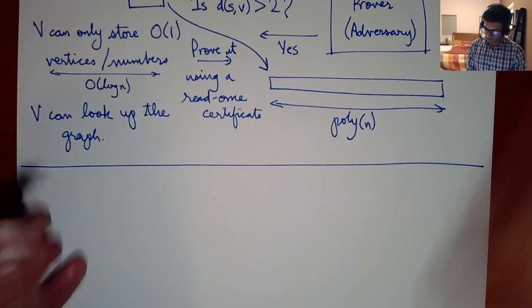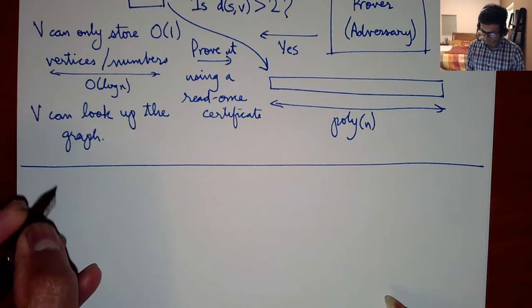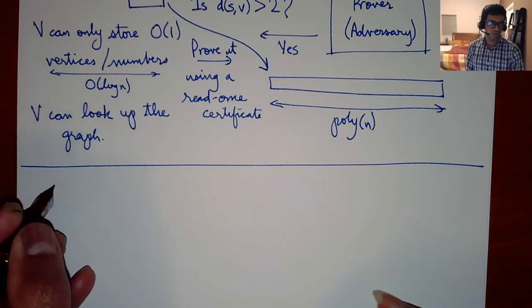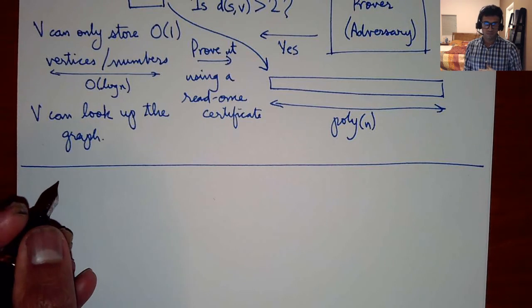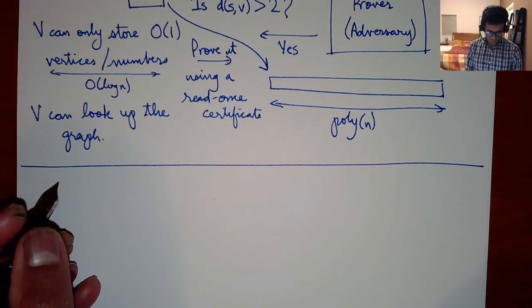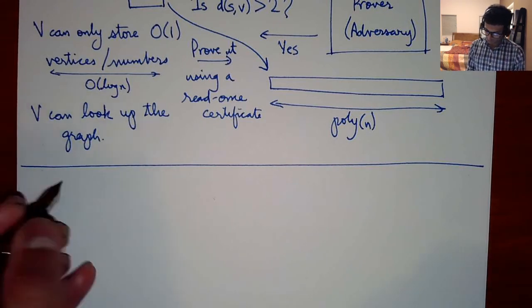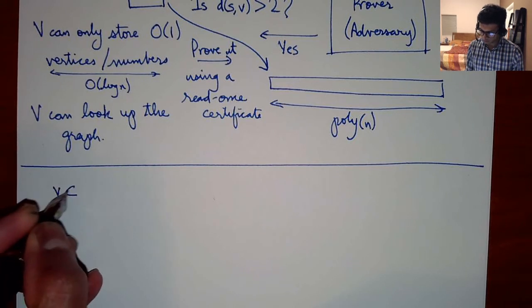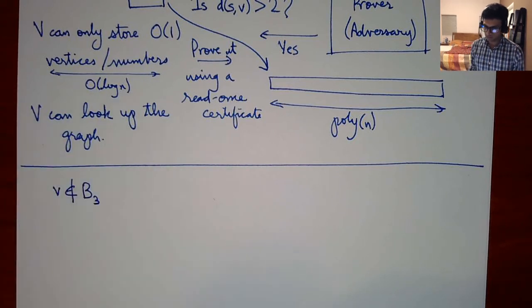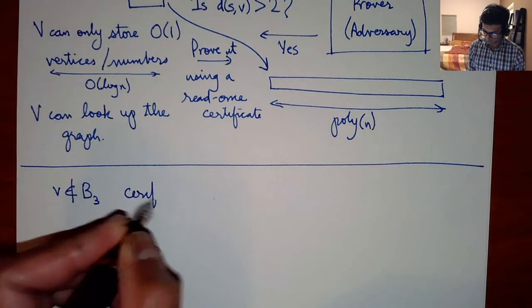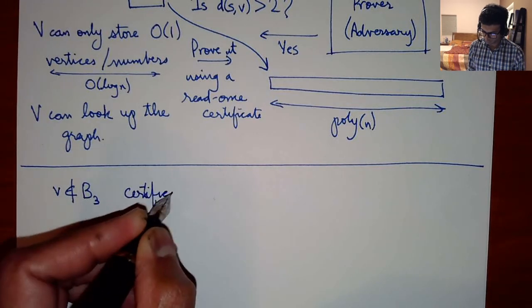So now let's just try to get a certificate for B3. How do we get a certificate that V is not in B3?